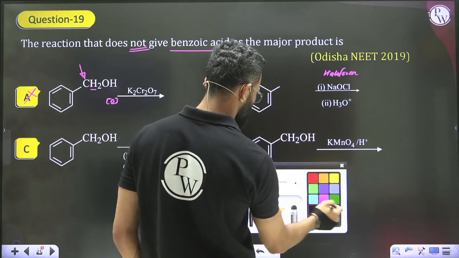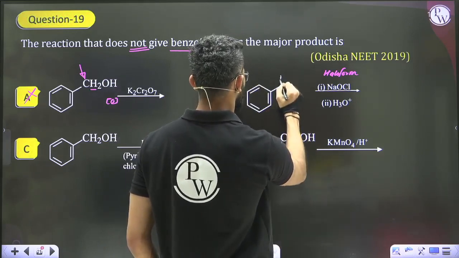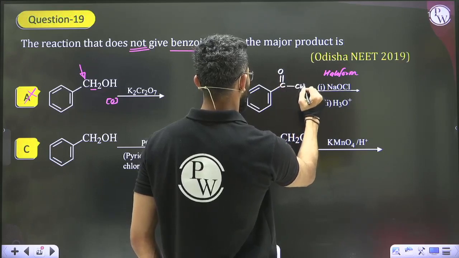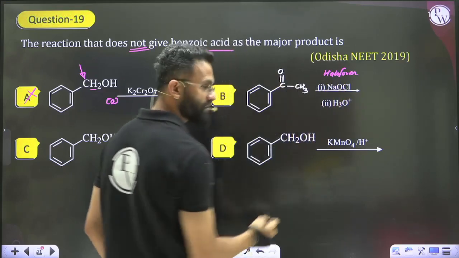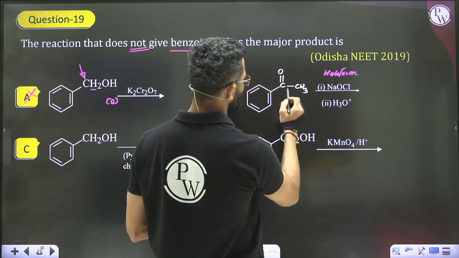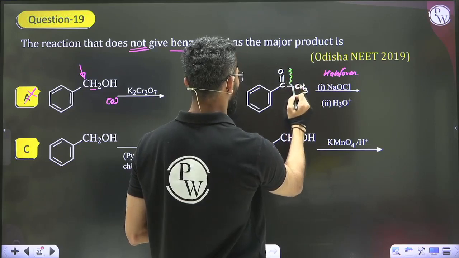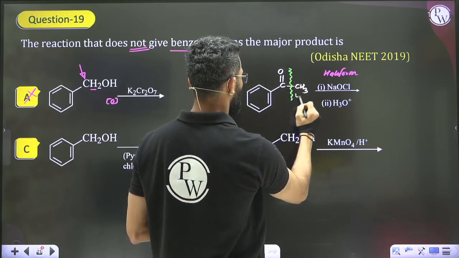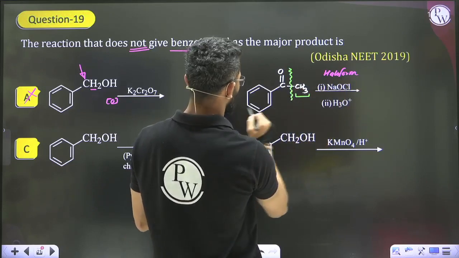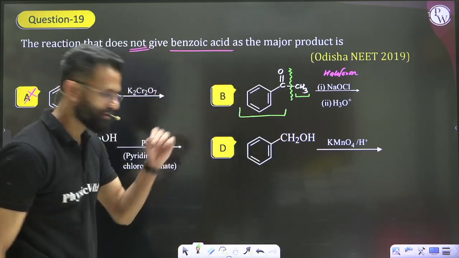So suppose I write it like this, C double bond O CH3. And if I'm carrying out haloform reaction with this, then in haloform reaction, what do we do? We break the bond between methyl and keto. And then the methyl part forms its corresponding haloform and the remaining part forms the conjugate base of carboxylic acid.